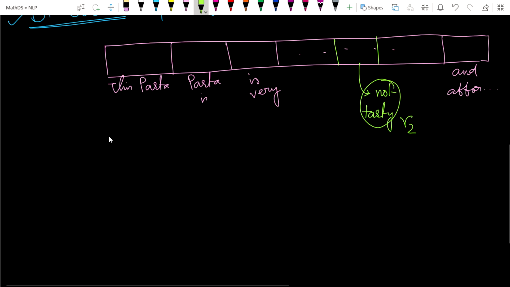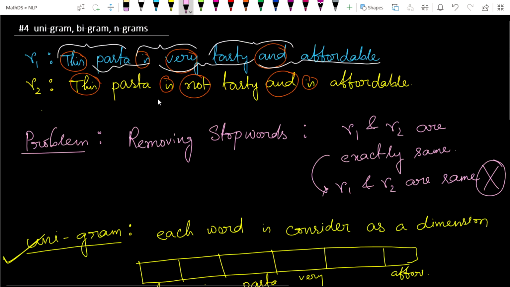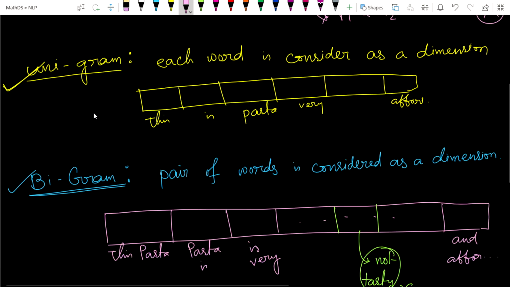Now the same thing also applies to trigrams. A trigram means you take three consecutive words, because three consecutive words carry some information. This information helps us.